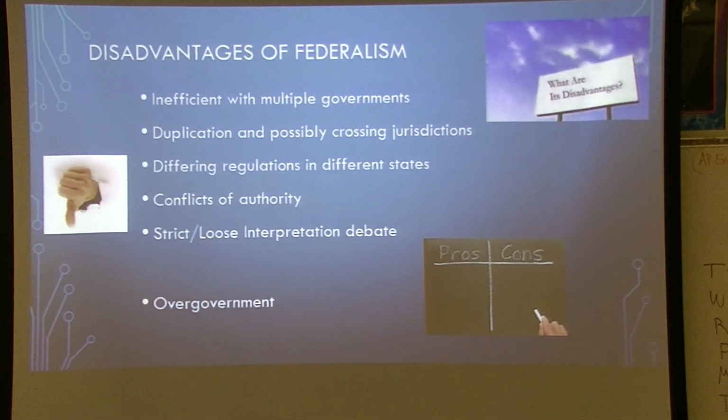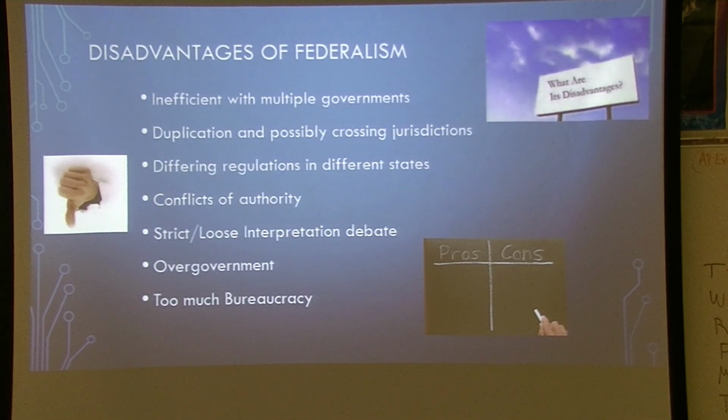The disadvantages, if you want to think in here, a lot of this is the whole thing of bureaucracy. Because there are so many different levels, it's great that people can make changes, but it's also inefficient and there could be duplication. The idea that there are different regulations in different states. You're traveling up I-95 and you want to have your radar detector in South Carolina when there's a long stretch that's nothing but bridges that you can go flying over.